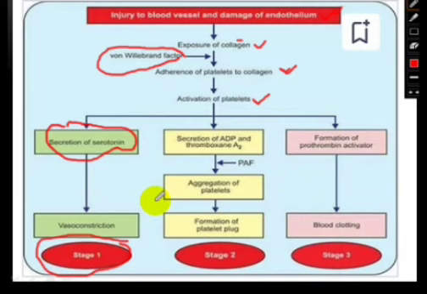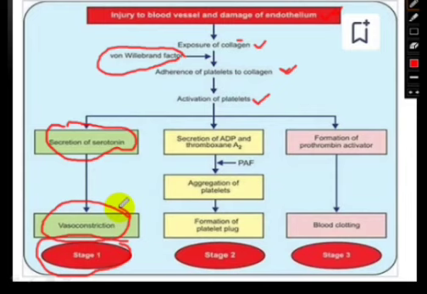Secretion of serotonin is responsible for the contraction of the smooth muscles in the blood vessels and the constriction, tightening, narrowing of the blood vessels to reduce blood from gushing out from the injured vessel.